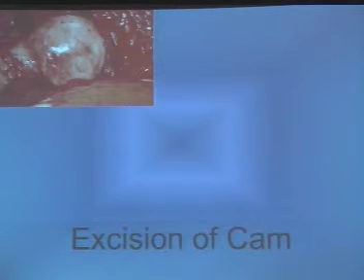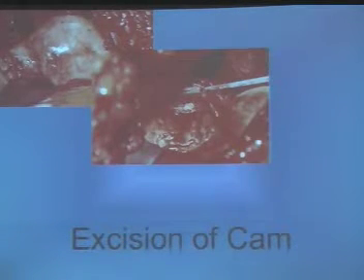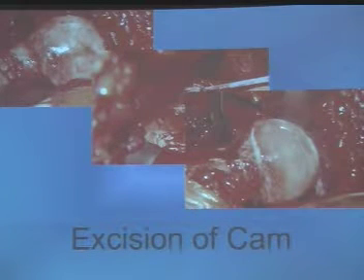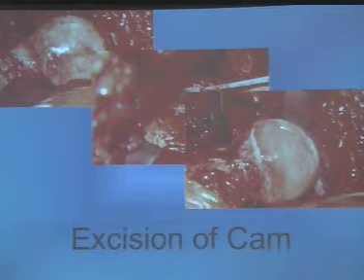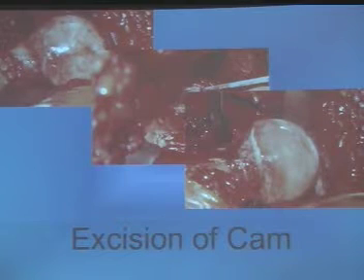The excision of the cam lesion can be done through open surgical methods, as can be seen here. There was a big offset which had been surgically removed, and a normal spherical head has been left behind.